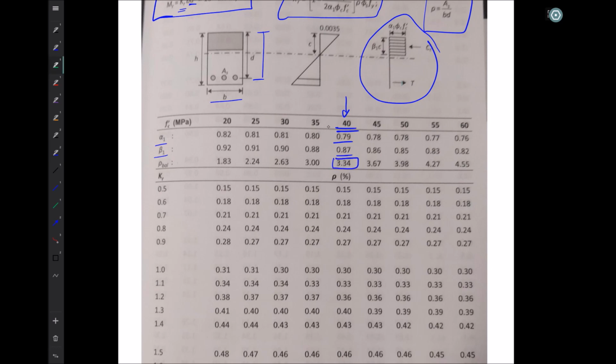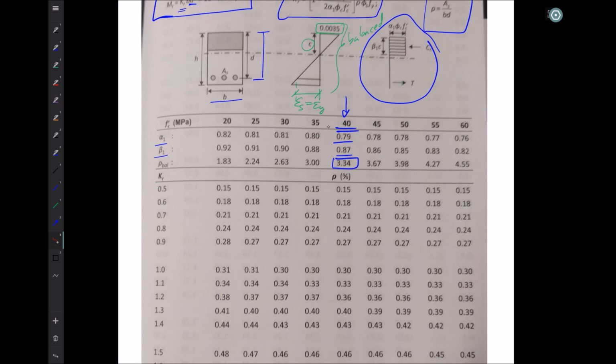Rho Balanced is a very particular value. It's the value of reinforcement that would cause the neutral axis depth, c, to be such that the strain in the steel is equal to the strain at yield. And this would be our balanced condition. So it's balanced when the steel yields at the same time as the concrete crushes at 0.0035 strain.